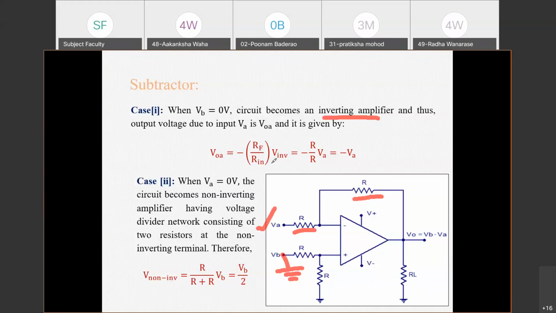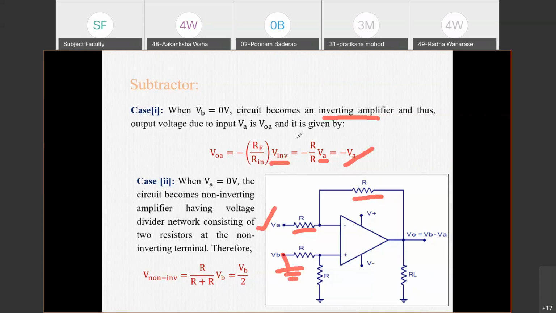VA is the voltage at the inverting terminal. This R divided by R becomes 1. And finally you will get the output due to input VA as minus VA. This is very simple.